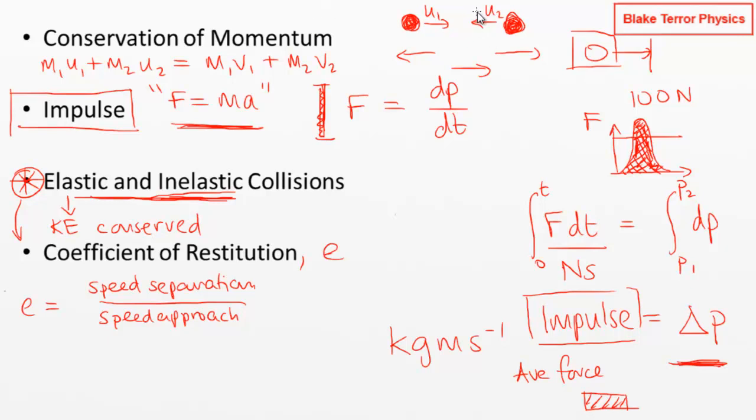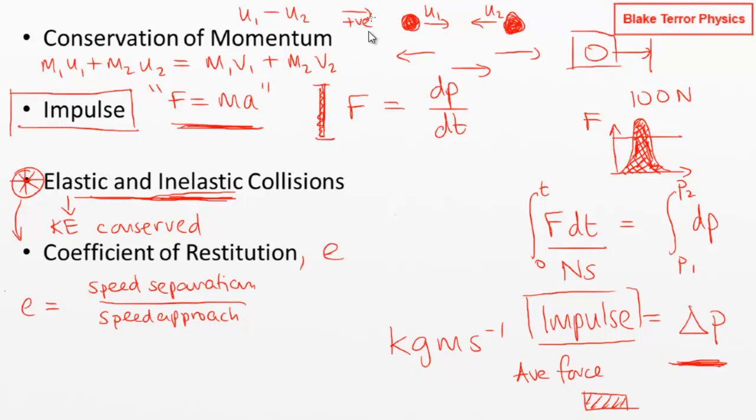So the magnitude of the speed of approach is U1 minus U2, because U2 is going to be negative if we're measuring positive off to the right. If they're going towards each other, then taking off that negative number makes the speed of approach greater. So it's got that consistency there.